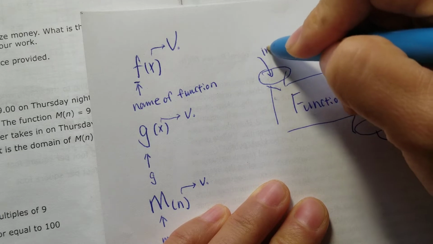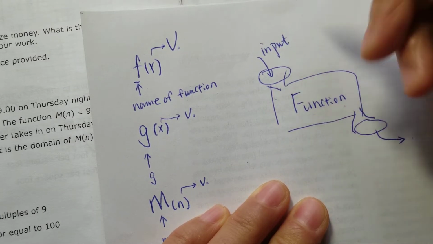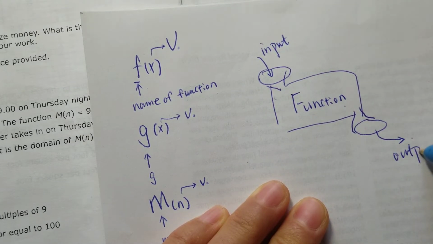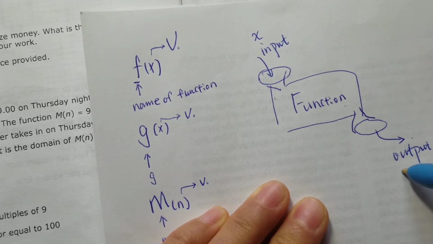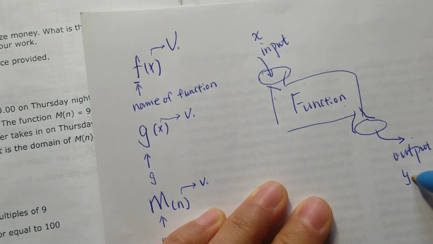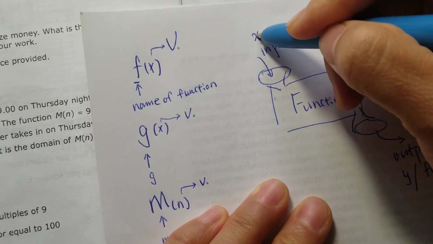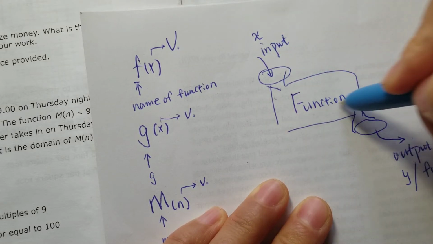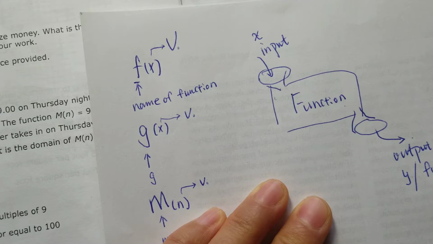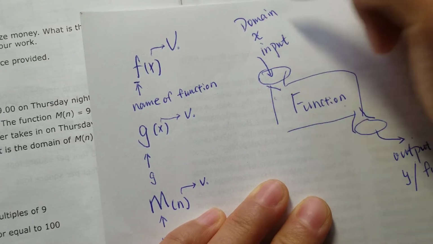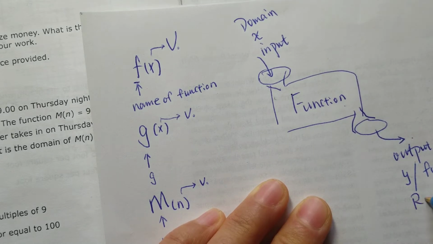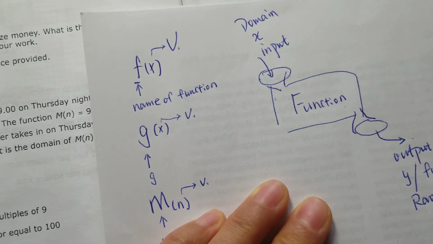Input and output have different names, where we can call them x or y, or in that case, f of x. Your x is the variable I put into the function, and I get the result out. The input is called the domain, and the output is going to be the range.